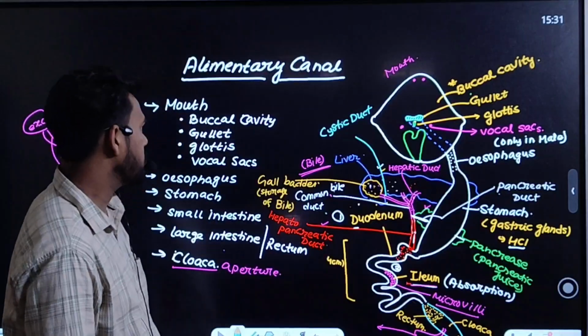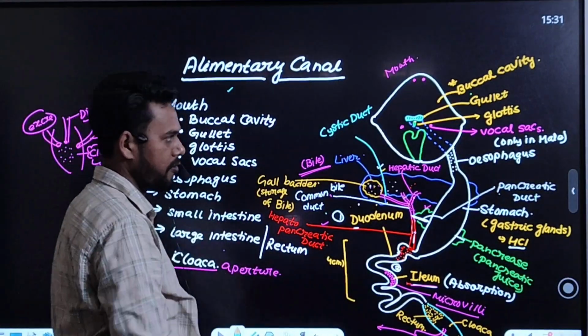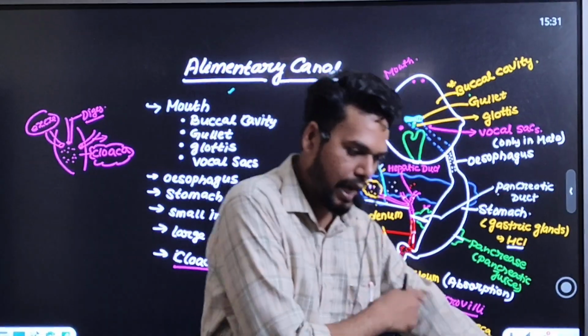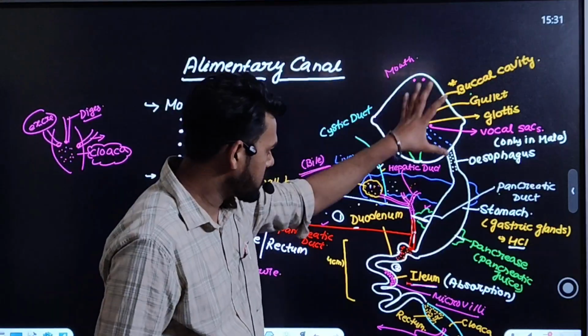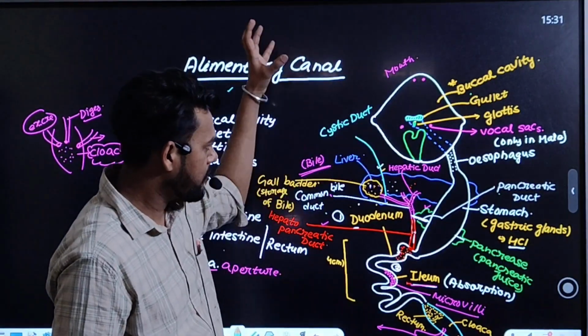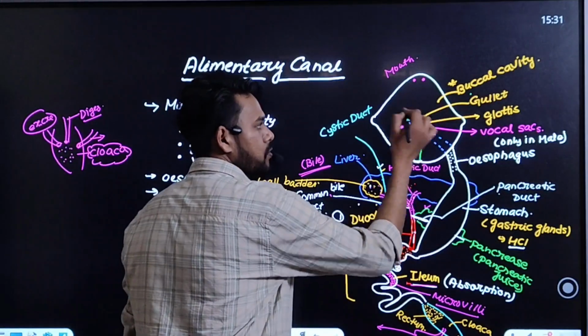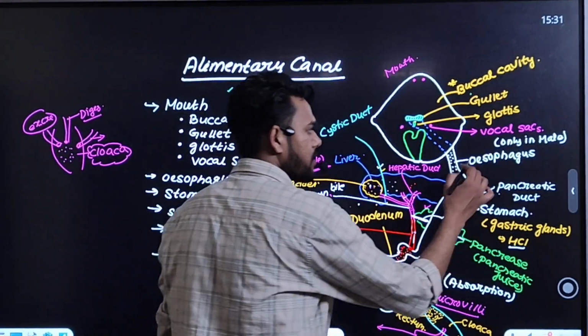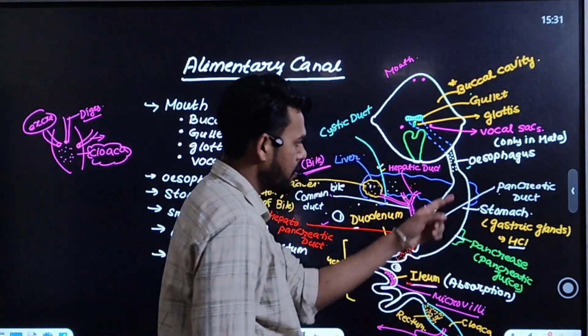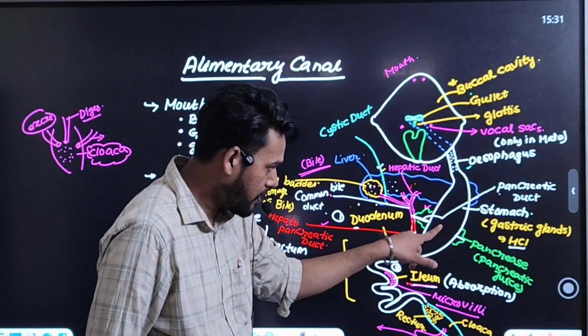This is the complete digestion in the frog. First of all, if we recap, the first part is the mouth, where food is captured and engulfed through the gullet. The food is then transferred to the esophagus, and from the esophagus to the stomach.